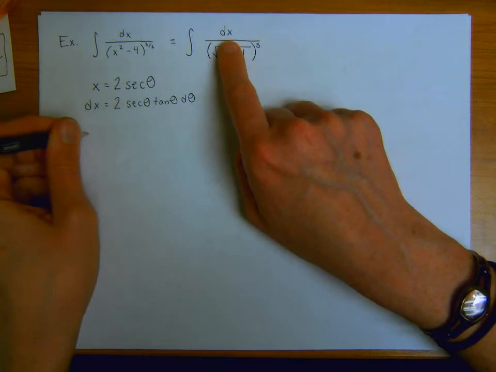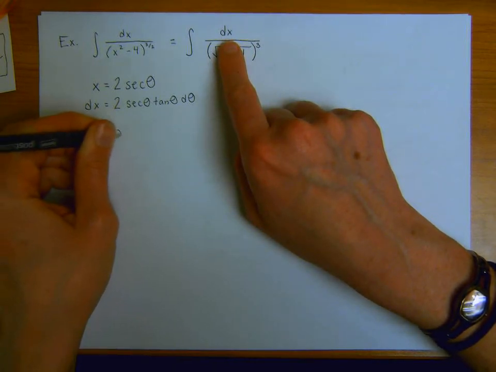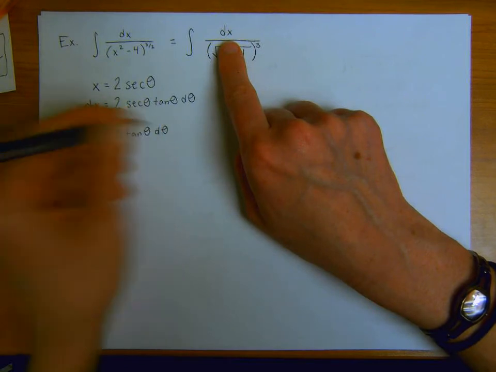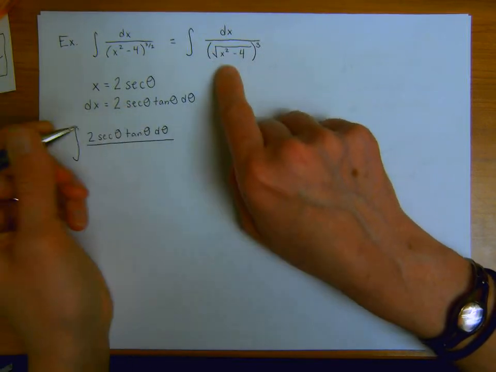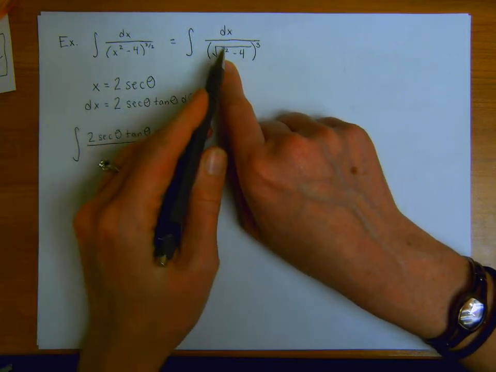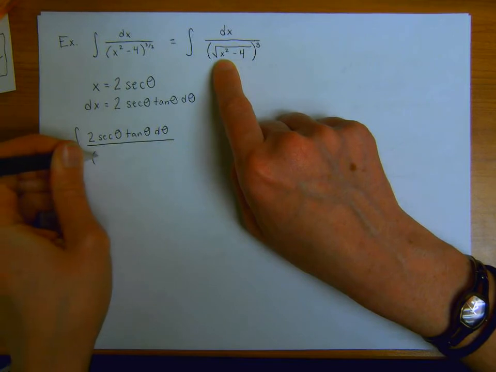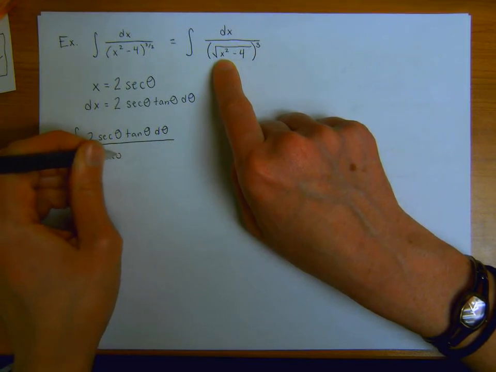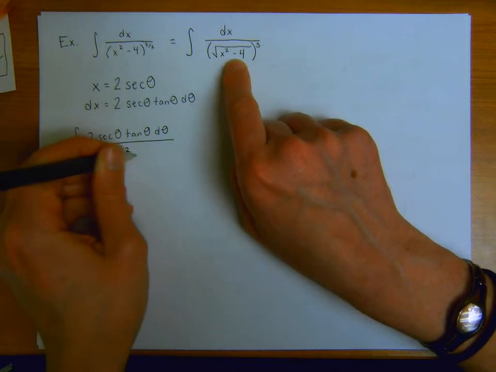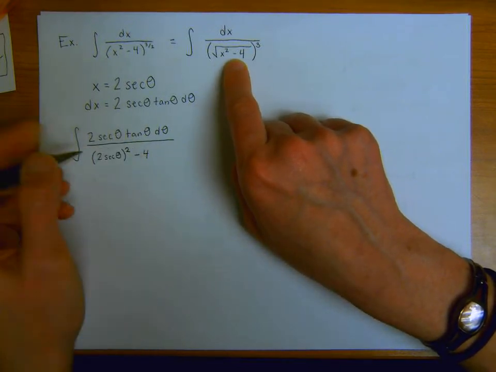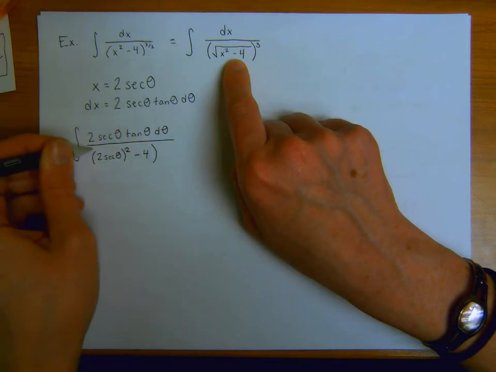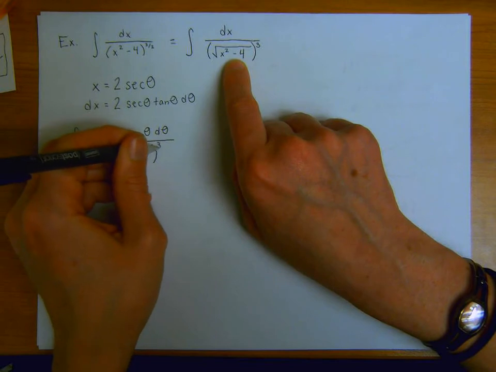My dx becomes 2 secant theta tangent theta d theta divided by, I'm plugging in 2 secant theta in for x. 2 secant theta becomes my x. I need to square that piece and subtract 4. And then this whole thing is raised to the 3/2.